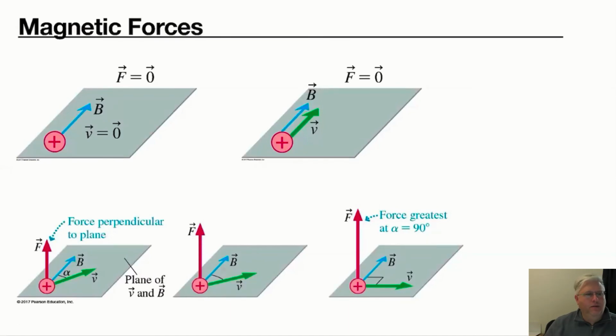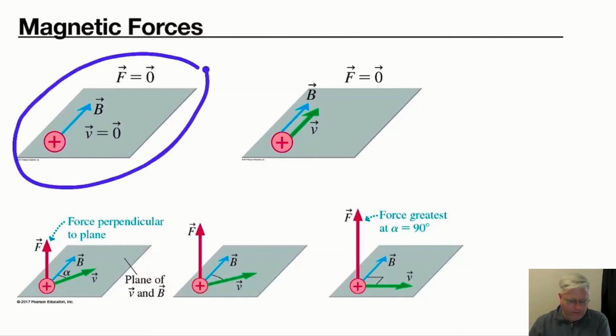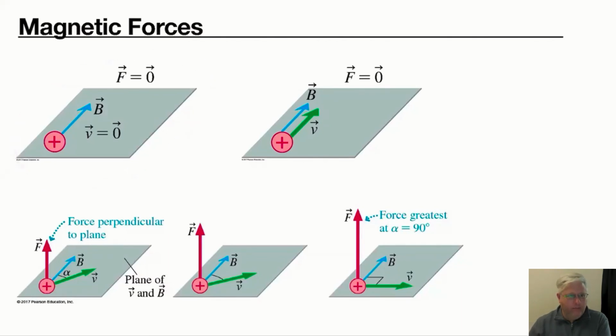So here's sort of what is happening, okay? The magnetic field, just like the electric field, exerts a force on charges, on current, whatever. Some interesting things we can see here: if a charge is not moving, if it's at rest, like we see in the first figure, nothing's happening, right?